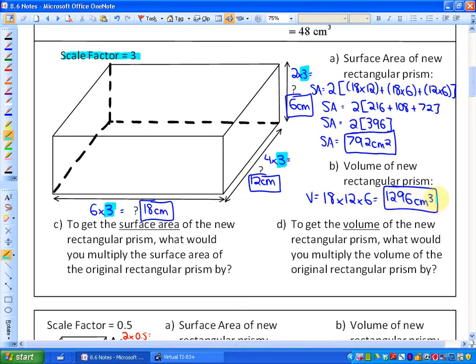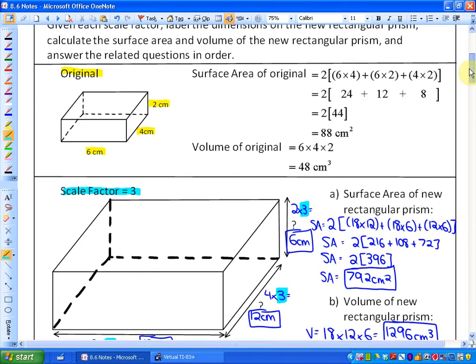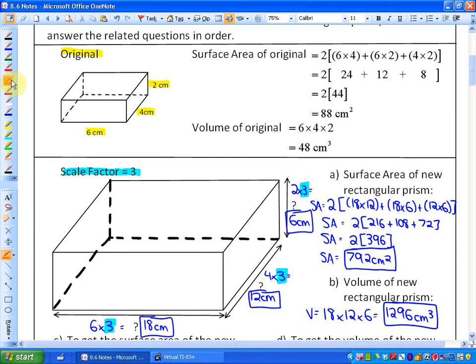Now what we're investigating is, what impact does a scale factor of 3 have on the surface area and the volume? So here's the first question. To get the surface area of the new rectangular prism, what would you multiply the surface area of the original rectangular prism by? In other words, what are you multiplying this 88 by to get 792?